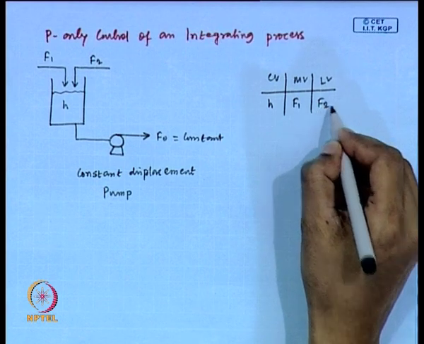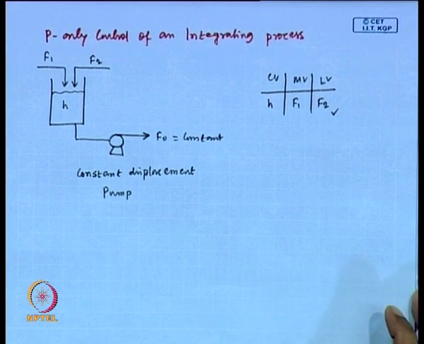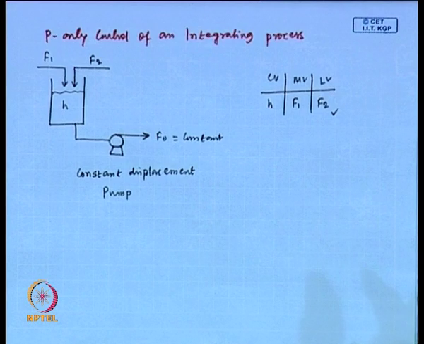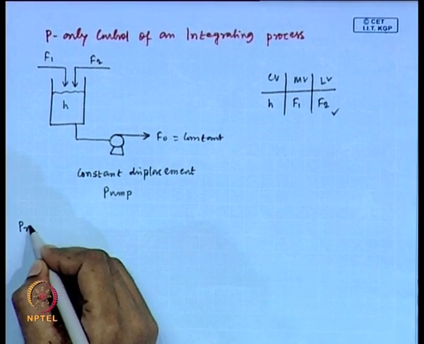So, load variable will be F2. Fine. If we consider F1 as the manipulated variable, then F2 is the load variable. Now, we will develop the transfer functions of the different elements. So, first is the process.